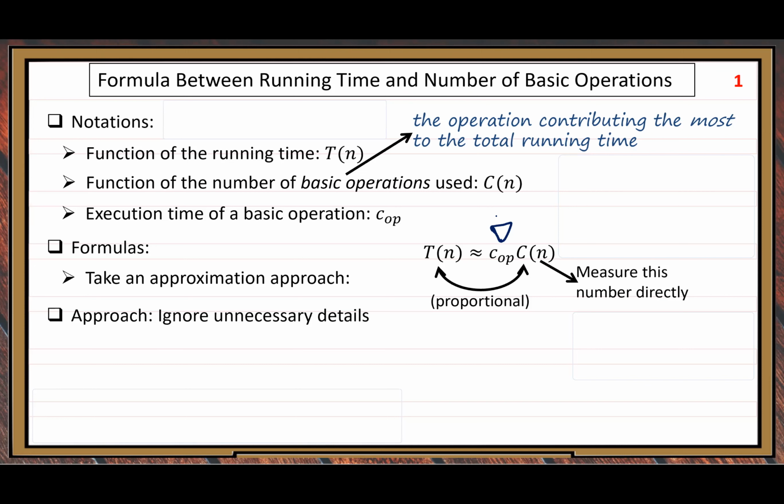Although you have a long, complicated formula, a lot of details are not important, and we can ignore them. With this approximation approach, we ignore unnecessary details to get the simplest expression, but that expression can reflect the original function quite well.